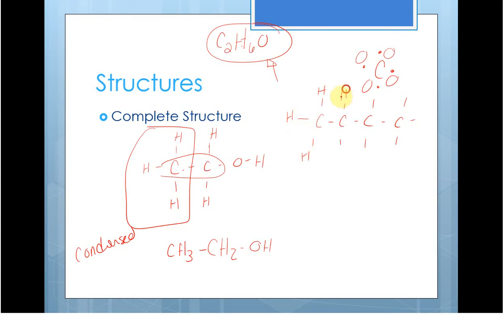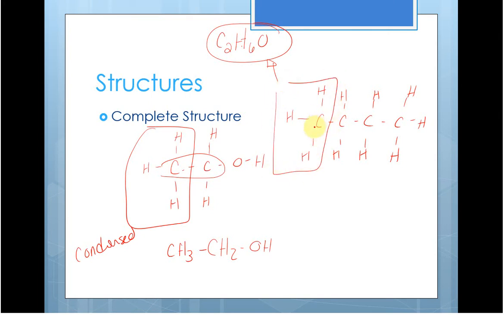So can you kind of see this is a little tiring to write out as a complete structure? It gets a little tiresome, especially the longer the molecules get, because honestly, we're going to be dealing with some really large molecules over the course of the lab and throughout the semester. So this is butane. Now it's going to be much easier to just draw it by carbon.